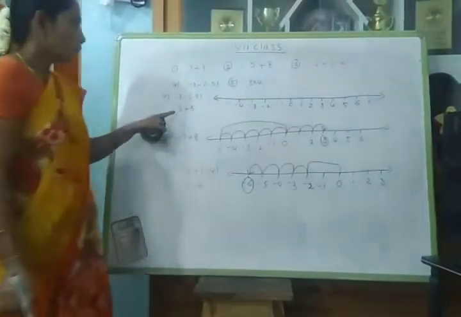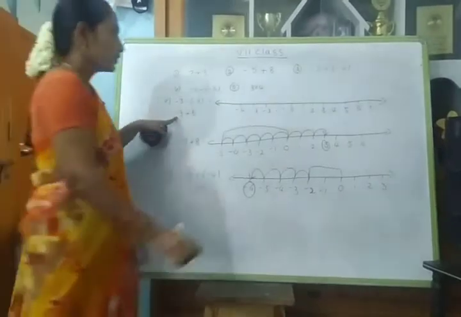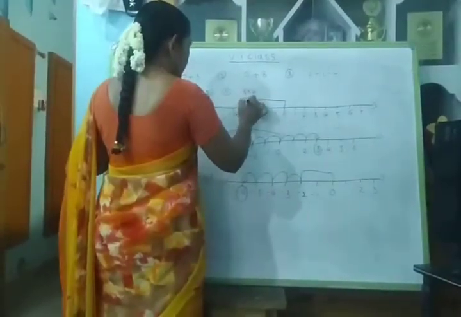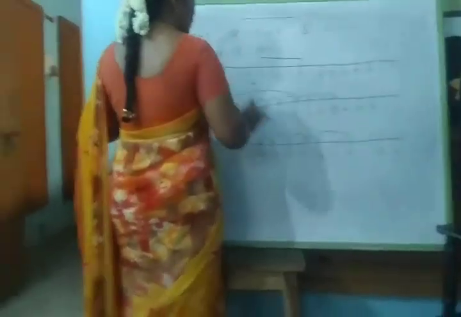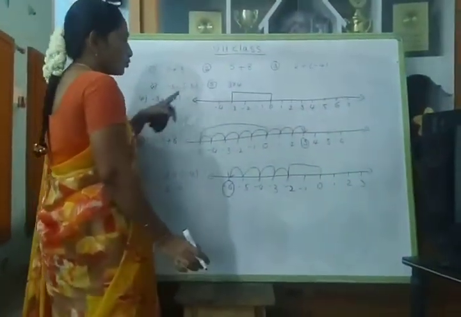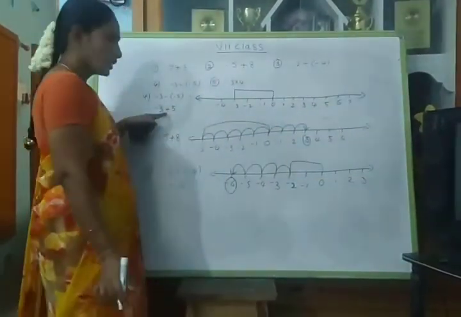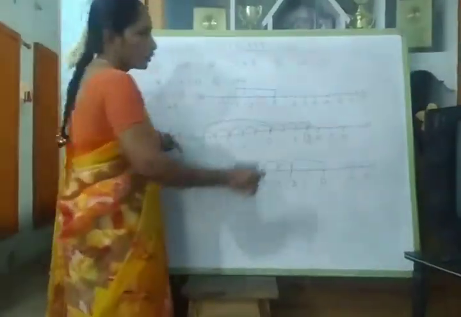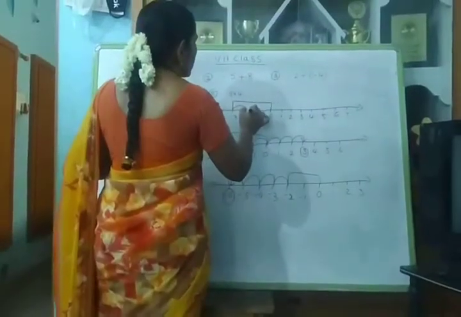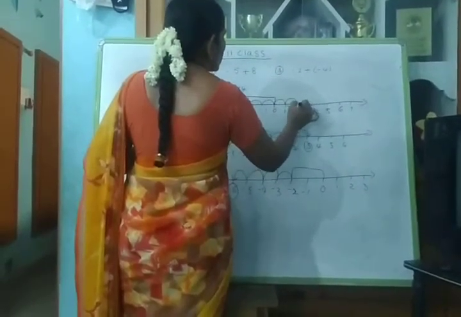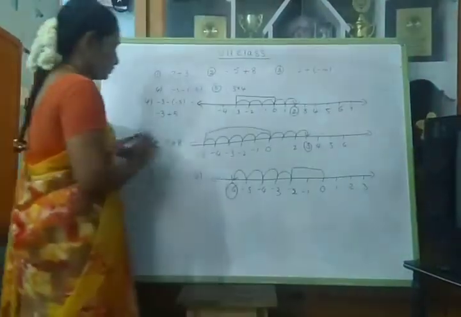Plus. So minus 3 plus 5. First move from 0 up to minus 3. Now we have to see which side to move from minus 3, right or left. Here it is plus. So which side do you move? Right side, 5 steps: 1, 2, 3, 4, 5. So what is the answer? 2.